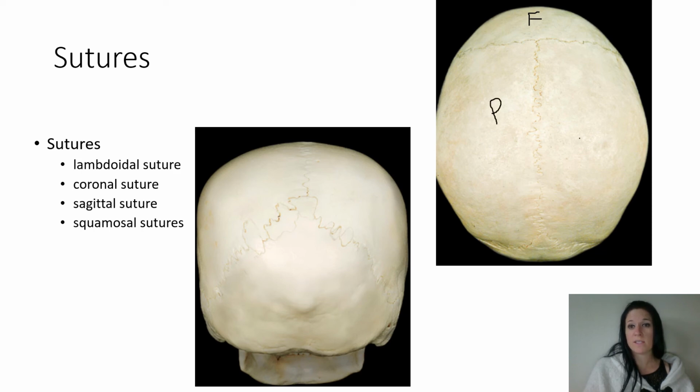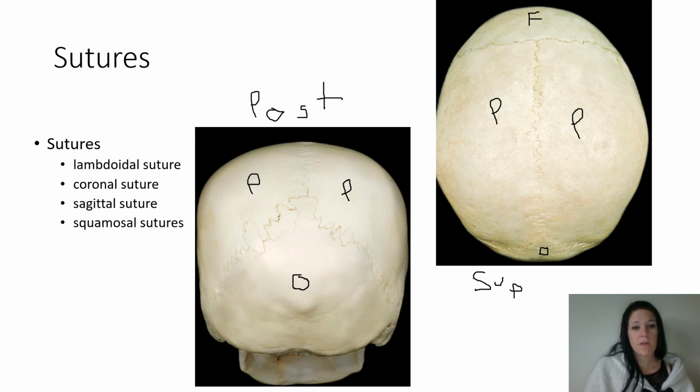Both of these are the parietal bone, and then way back here we have the occipital bone. This is a posterior view on the left, so this is going to be the occipital bone and the 2 parietal bones. Then the image on the right is the superior view.